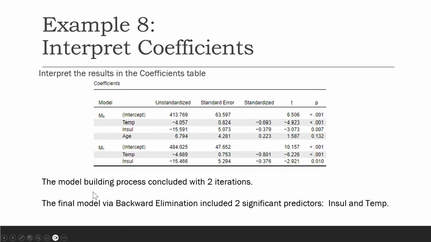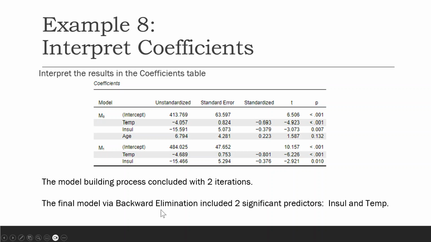Now we're going to our coefficients table. This is where we get the actual coefficient values so that we can create our model equation. All right. Now, as I've already talked about before, the model building process concluded with 2 iterations. That's why we have M sub 0 and M sub 1, right? If we had 3 iterations, we would see an M sub 2.